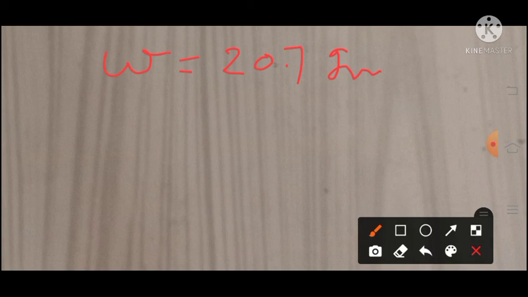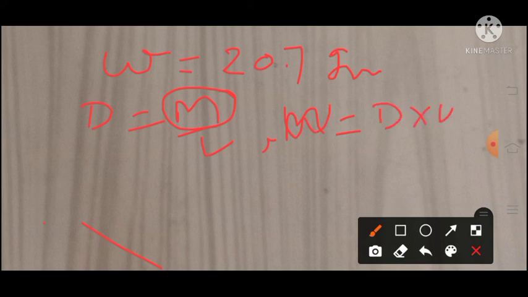Now we calculate the amount of solvent, that is water, from the mass of solution. Density equals mass upon volume. So we can calculate the mass of solution by this formula: mass equals D into V, with D equal to 1 and V equal to 500, so 500.